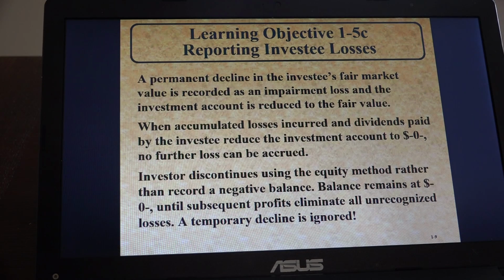So you've got to have profits that far exceed the recognized losses to get back to zero with your adjustments. That could take a while.